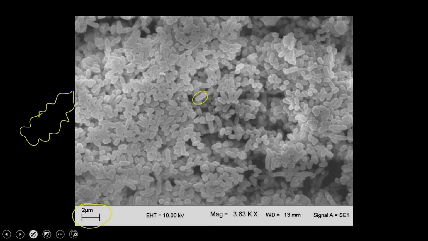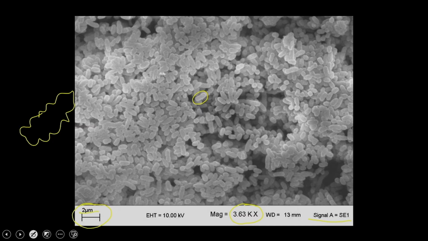The scale is 2 micrometers, the magnification is 3.663 K, and this was collected in the secondary electron mode. You can also have other kinds of modes, which give us more information about the surface chemistry of the molecule.